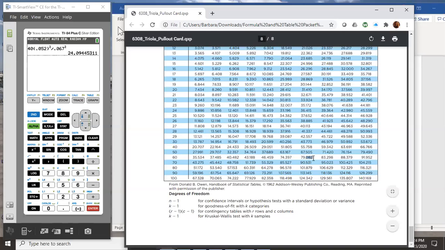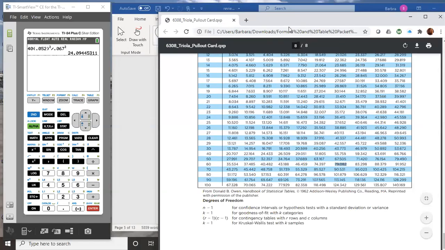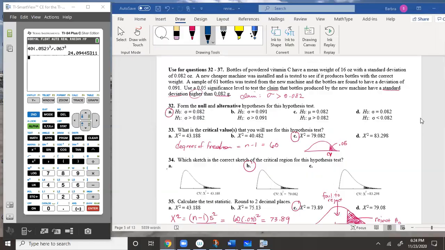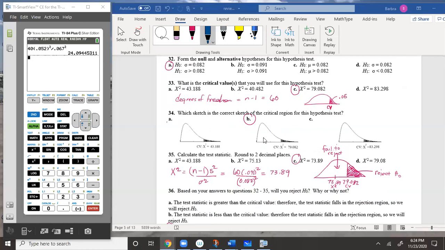The degrees of freedom is 60 and the area to the right is 0.05. That gives us a chi-squared critical value of 79.082. And so the correct answer is B.